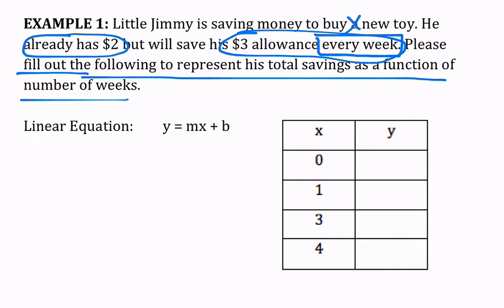Okay, so let's fill out the table. When x is 0, let's figure out what y is. All right, well, in the story, let's figure out what is x, what is y. In here, it tells me that he has a total savings as a function of the number of weeks. I'm going to highlight those two. Total savings, number of weeks.